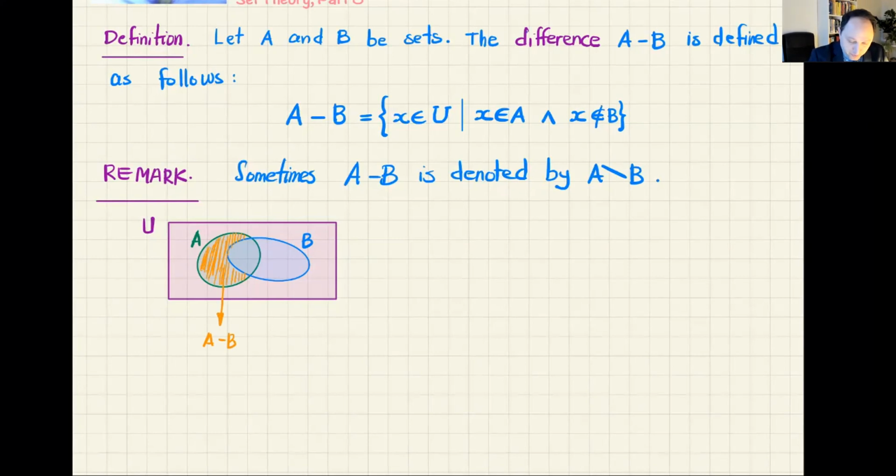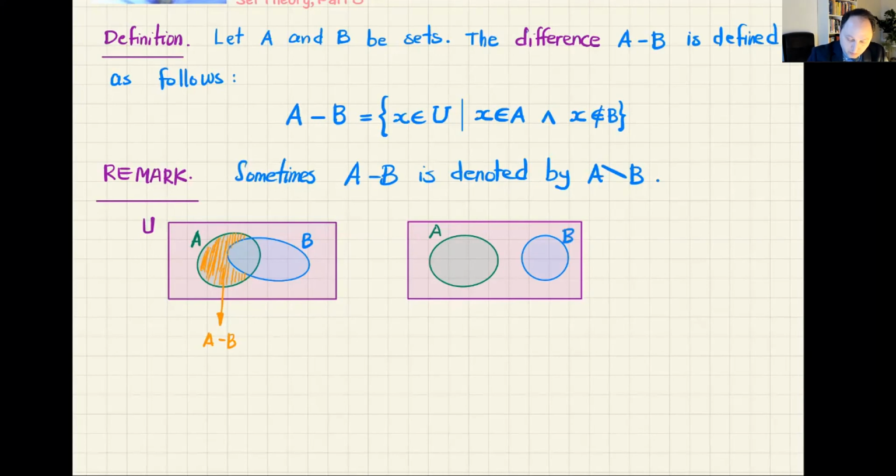Of course, if I have, for example, this situation, what will happen for A minus B? Assume that I have this, and this is my set A, for example, and this is my set B. If this is the case, where do you think A minus B would be? Just A. Yeah, exactly.